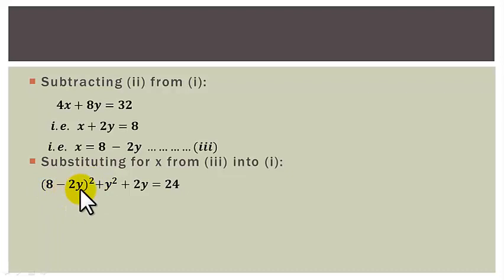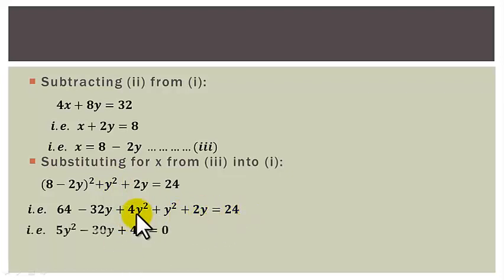Expanding this, we obtain 64 minus 32y plus 4y squared, then plus y squared plus 2y equals 24. 4y squared plus y squared will give us 5y squared, minus 32y plus 2y will give us minus 30y.